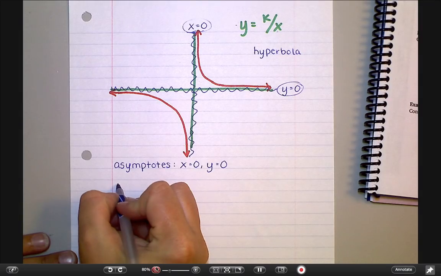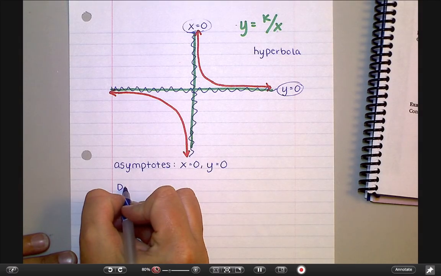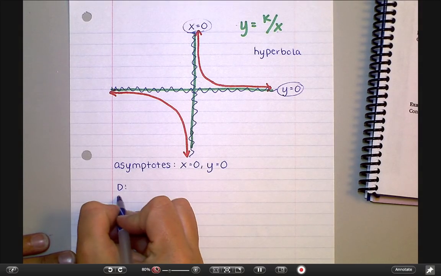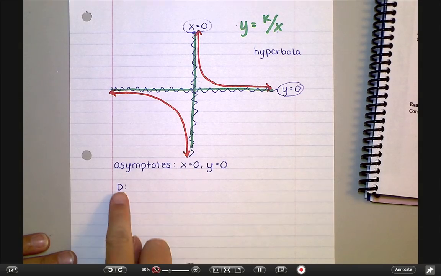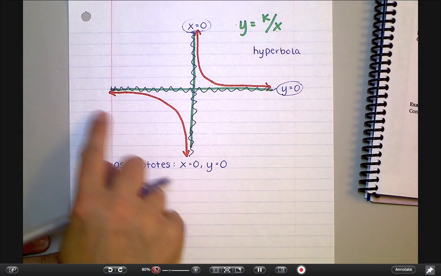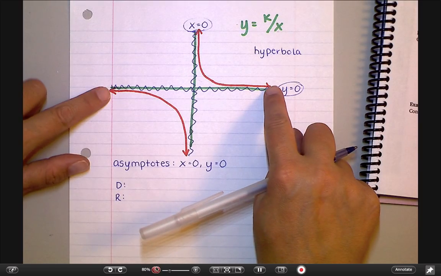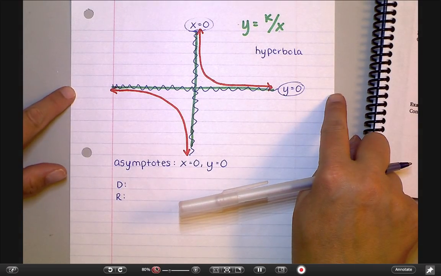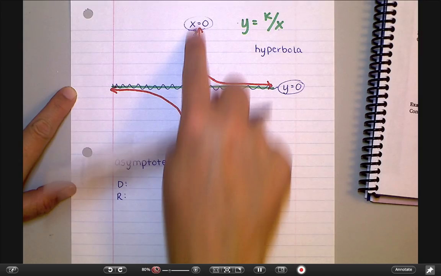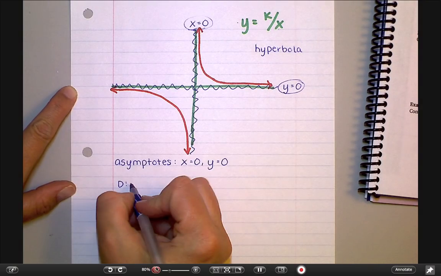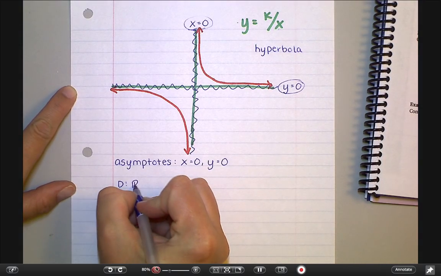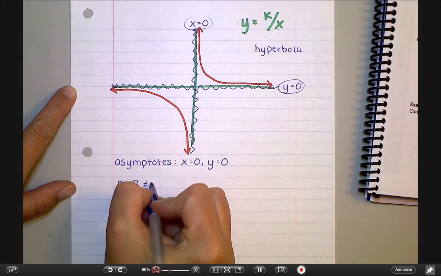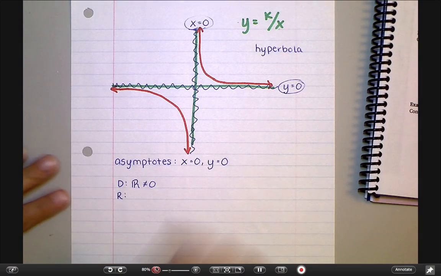That leads pretty directly into my domain and range. My domain here is what x values can you have? And you'll notice that this graph stretches out forever to the left and to the right, but it just doesn't cover that 0 in the middle. And so I would say my domain is everything except 0. And then same thing for my range.